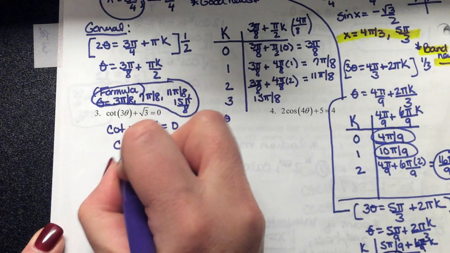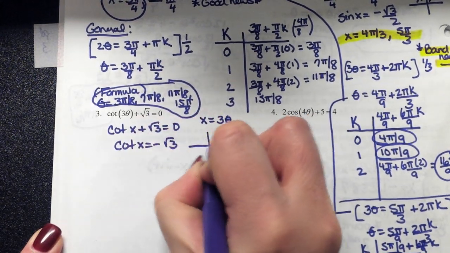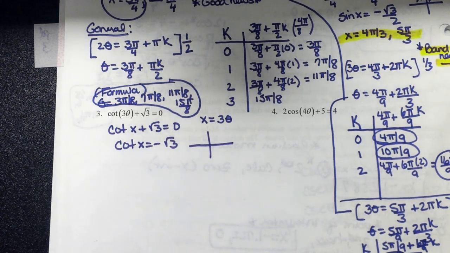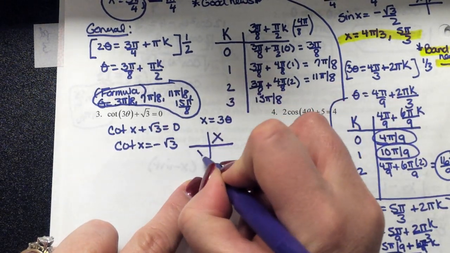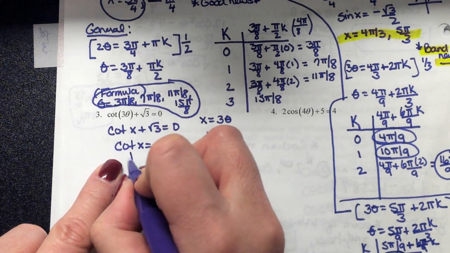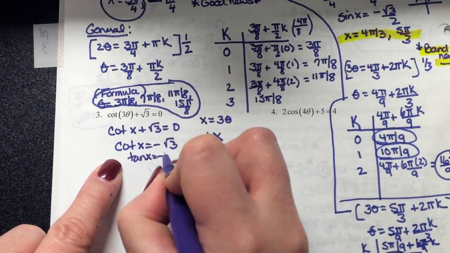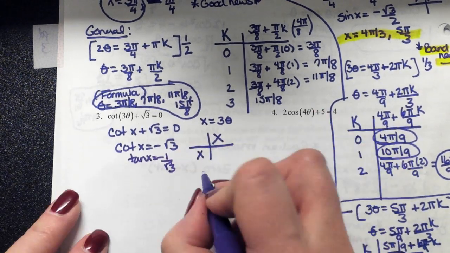I'm going to subtract. Are we going to need to know the 2 formulas on the test? Yeah. Where is cotangent negative? 2 and 4. So now be careful, it's cotangent. You can look to see where is tangent x equal to negative 1 over square root 3 if that helps you. So what are your angles going to be?